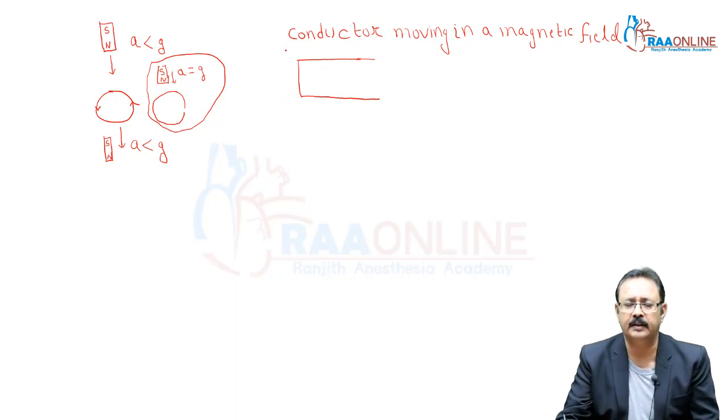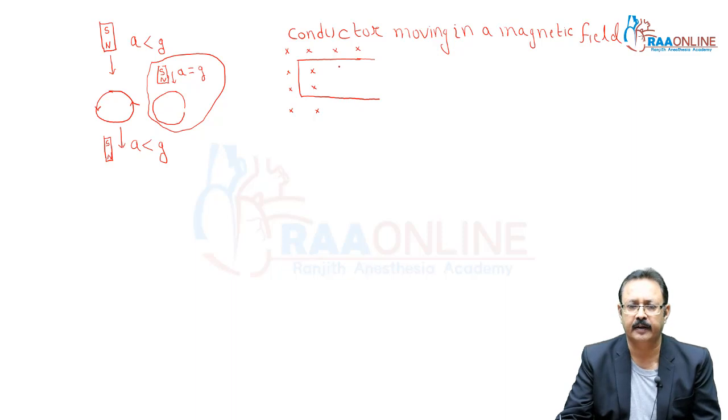The magnetic field is everywhere on the paper. I am putting a cross, which means inward magnetic field, lines of force going inside the paper.